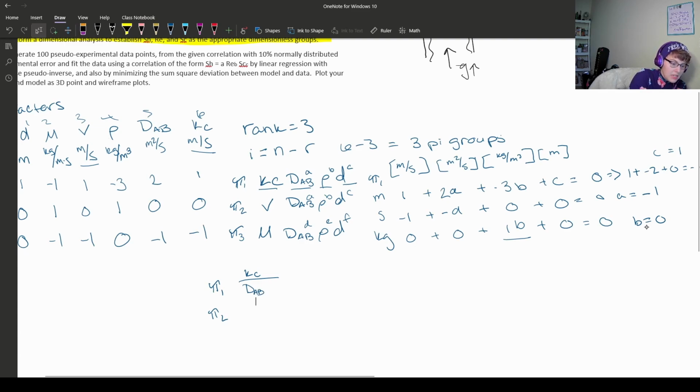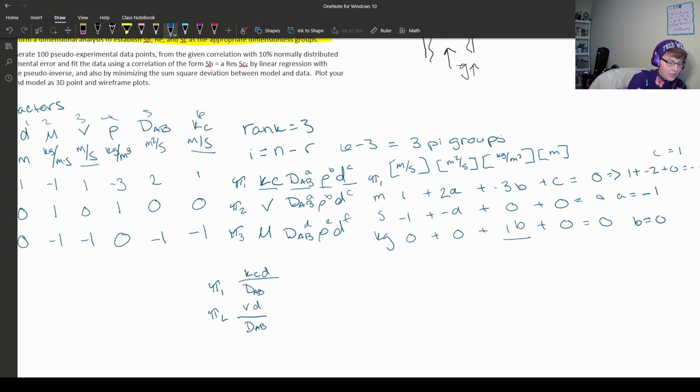Since our B is 0, the density will just be equal to 1 and not involved in this dimensionless group. And then the diameter is to the exponent of 1, so that goes at the top. And then we follow the same trend for pi 2. So we will have the velocity, the diameter, over the diffusion coefficient.